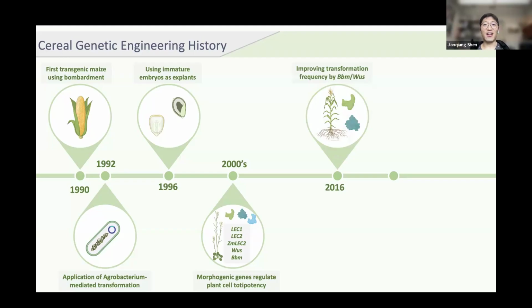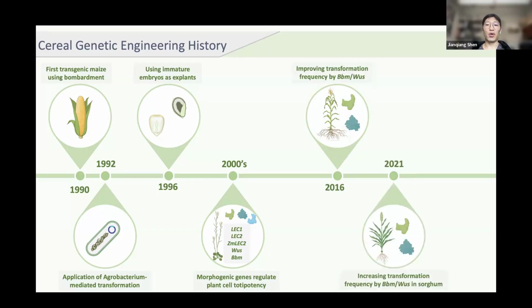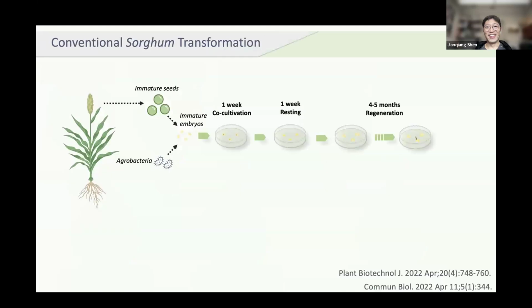Since then, we started to follow up and apply this technology in sorghum transformation, and we got it to work and published it in 2021. It took a long time. So I believe today Juan and Greg will share more interesting stories about morphogenic gene assisted transformation. I'm looking forward to hearing that as well.